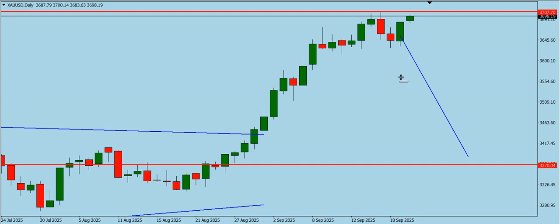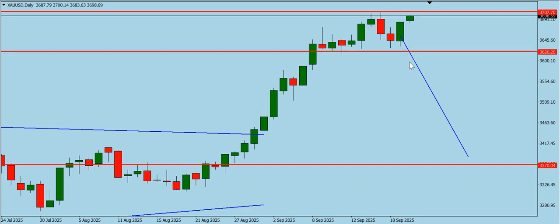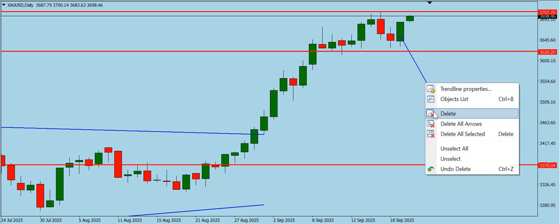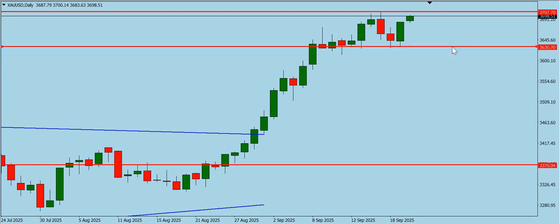But the lower part of the range is 3630. So if the range is set to continue, we might see price dropping to the lower part of the range for it to find support and then continue upwards.